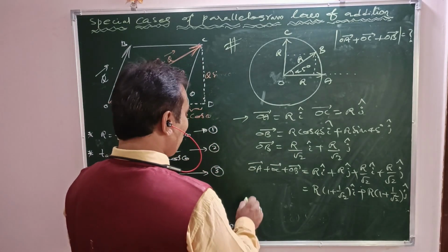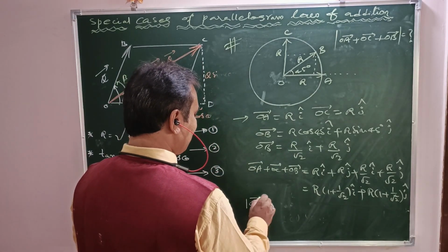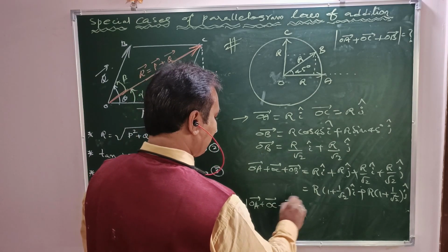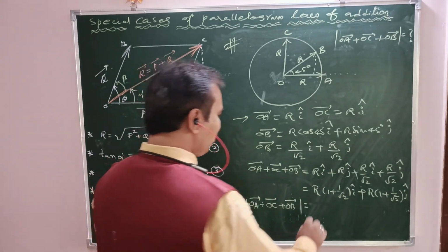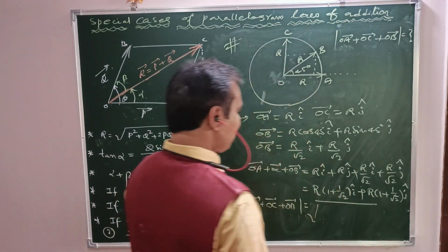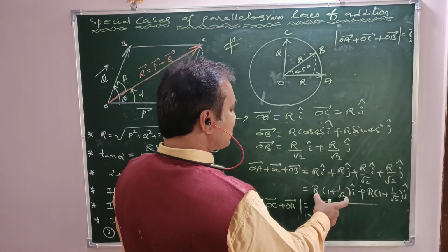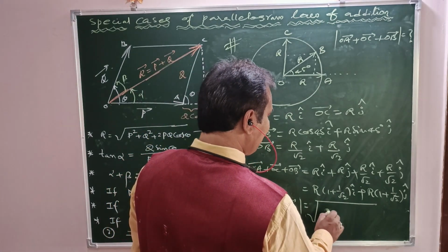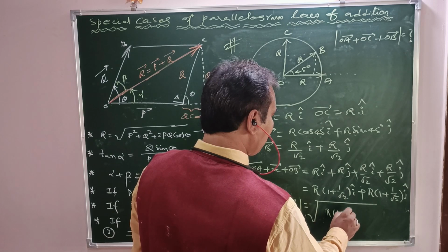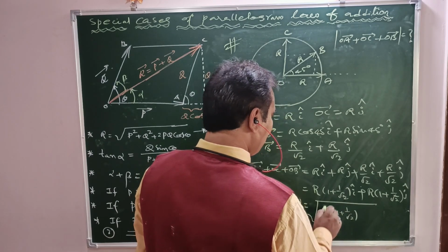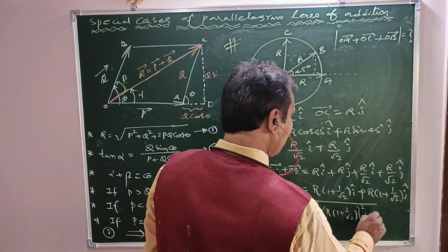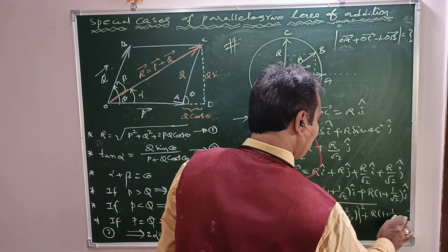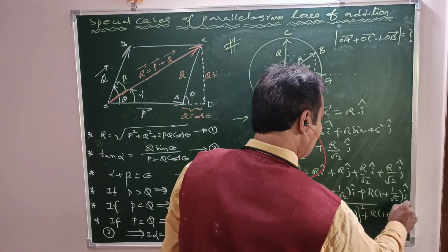That is, mod of OA bar plus OC bar plus OB bar equals root over x square plus y square, that is, R into (1 plus 1 by root 2) whole square plus R into (1 plus 1 by root 2) whole square.